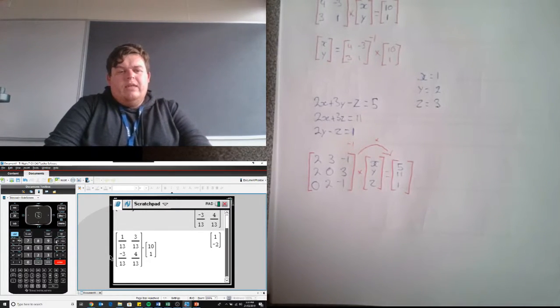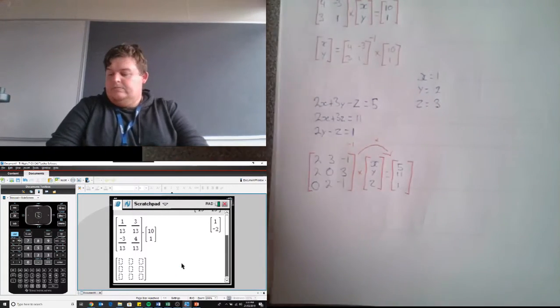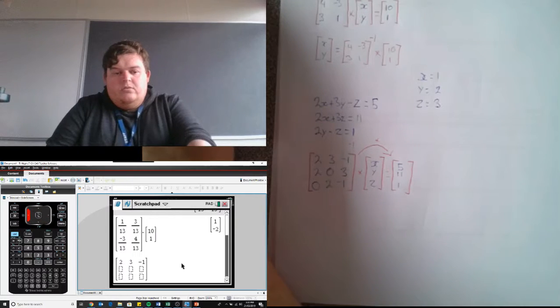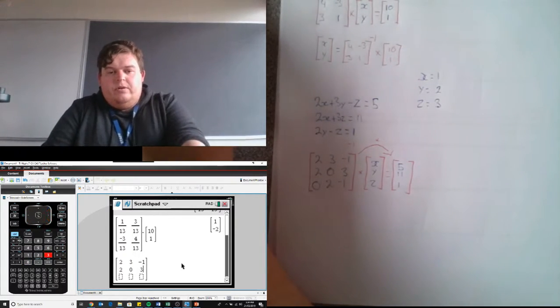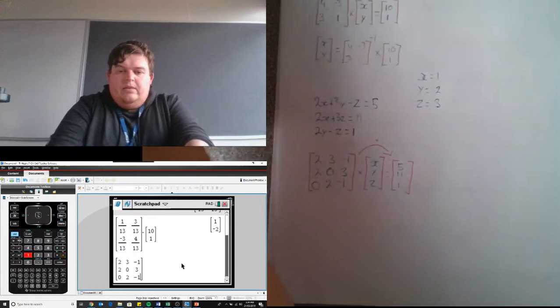So let's go on to the CAS now, and we'll make a 3x3 matrix. We enter 2, 3, negative 1, 2, 0, 3, 0, 2, negative 1.